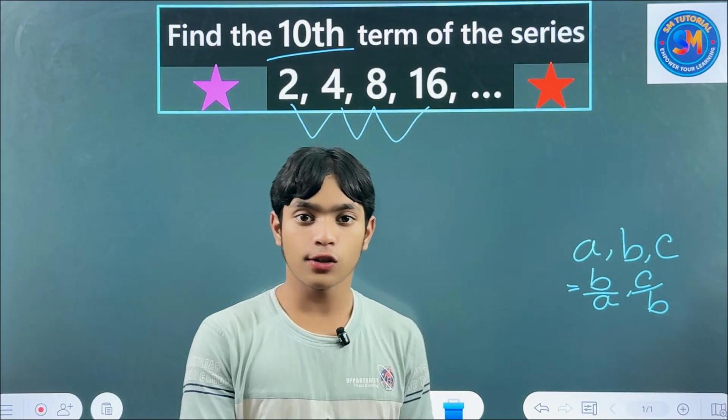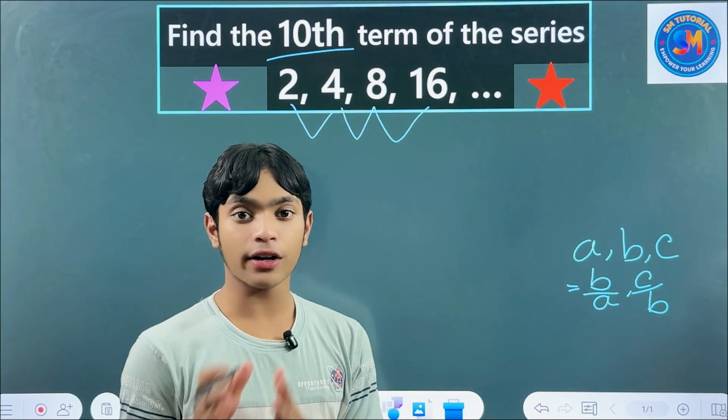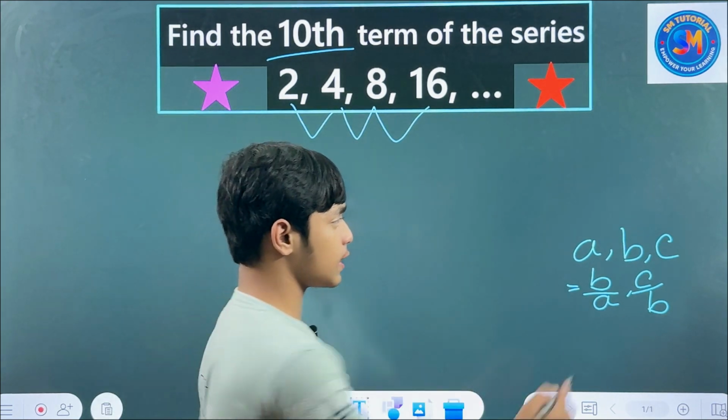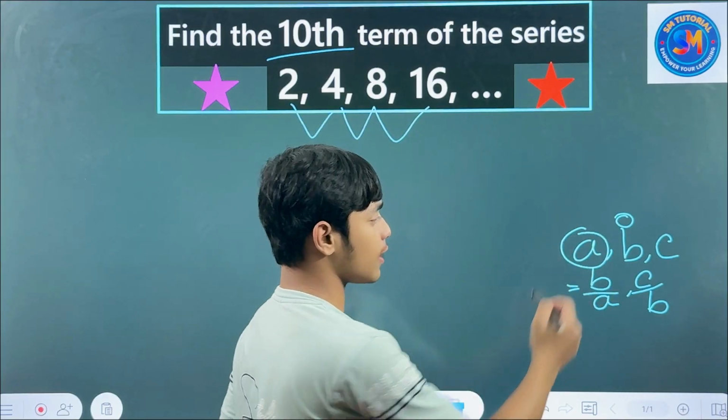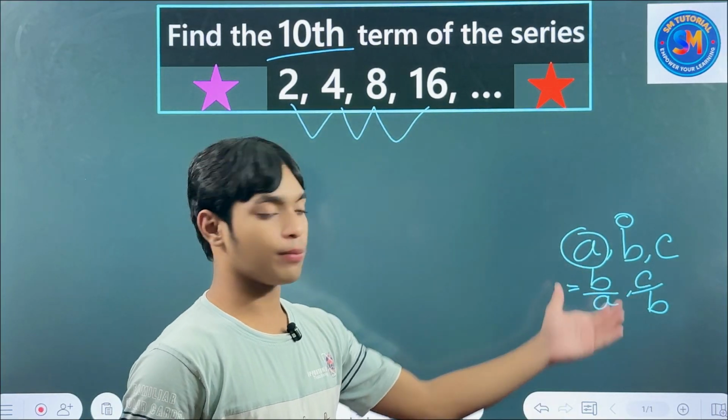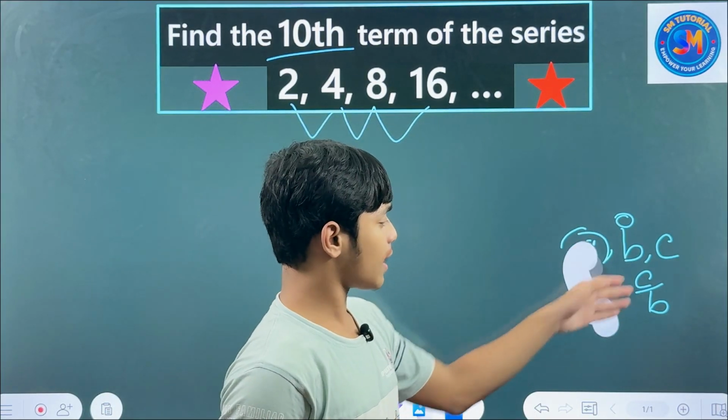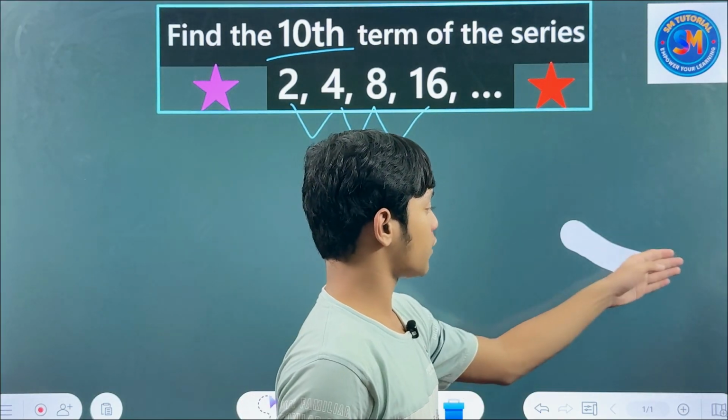Listen: the later number divided by the earlier number. In the same way, we will solve this.